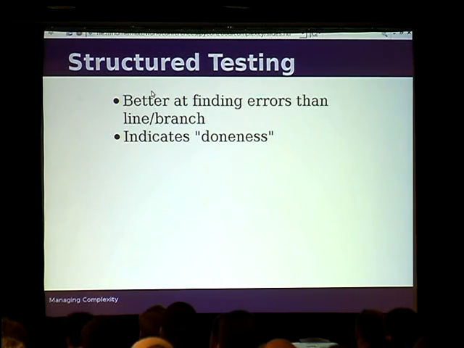If you execute those basis paths, the idea is that it's sort of simulating full path coverage, because by linearly combining those basis paths you can get any path. It also gives you another useful metric: if you actually have the basis paths covered, you're sort of done doing your structured testing. Whereas with some testing, it's hard to tell whether you're done or not.